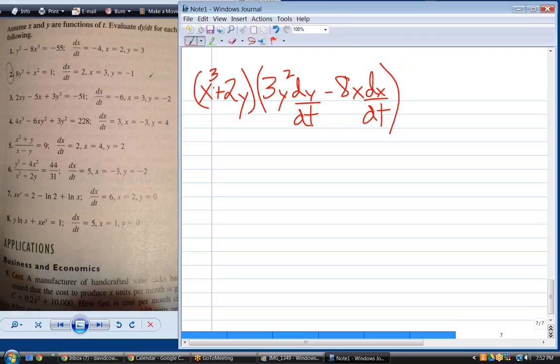So that's the bottom times the derivative of the top. And then it'd be y to the third minus 4x squared times 3x squared, and then dx dt.